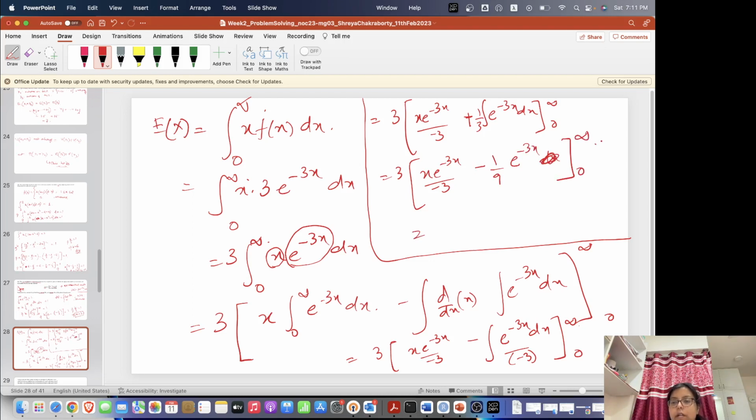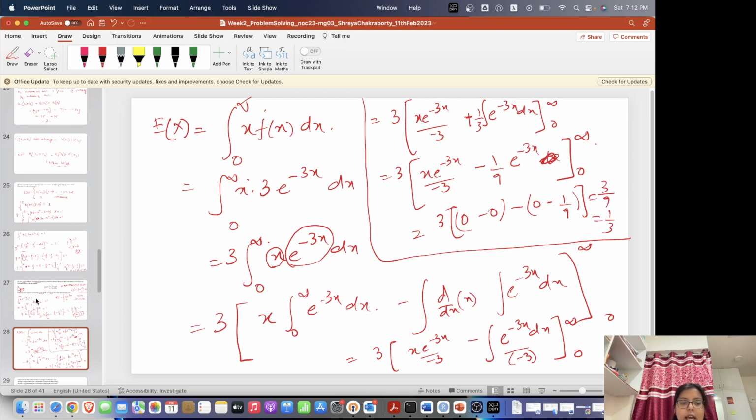So if you evaluate, putting infinity here, we are going to get 3 into 0 minus 0, and putting 0 over here we'll get 0 minus 1 by 9. So this is 3 by 9 or 1 by 3.